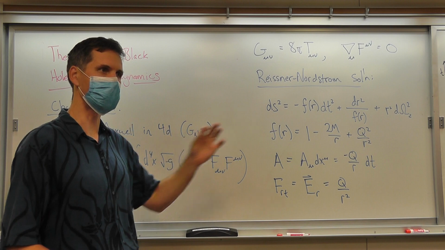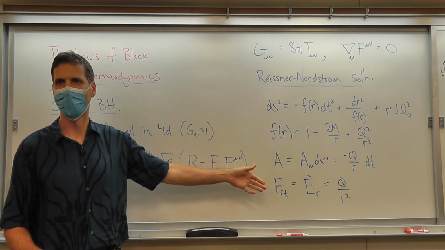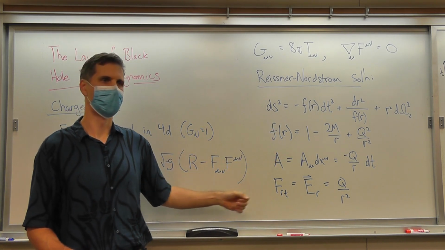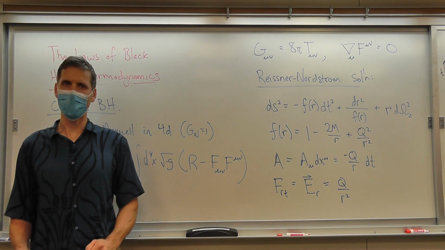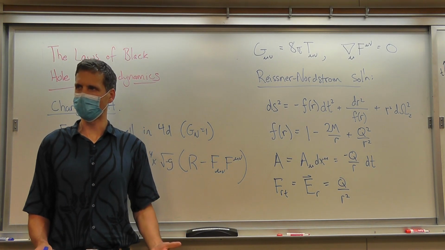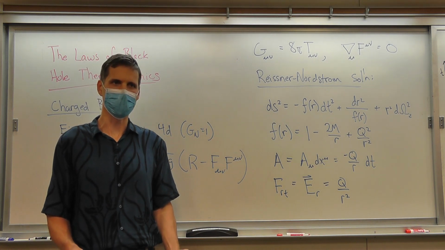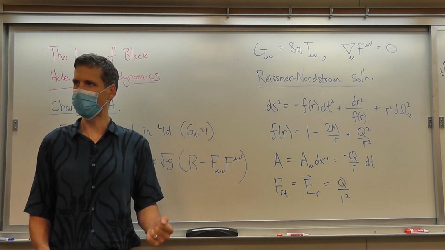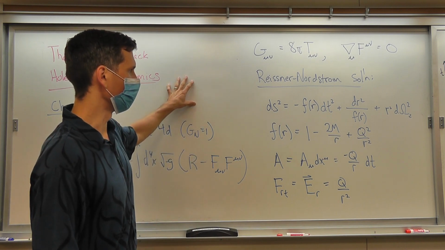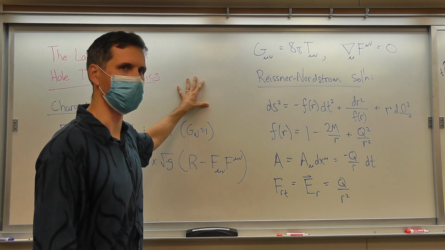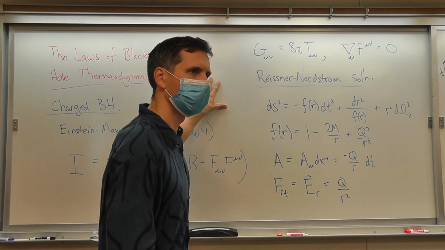And that's it. So this is the Reissner-Nordström solution. This is a charged black hole. And what we're going to do is use this as an example to study the laws of black hole thermodynamics. This is, in many ways, the simplest example that we can look at that still has all the good stuff in it. Questions so far?